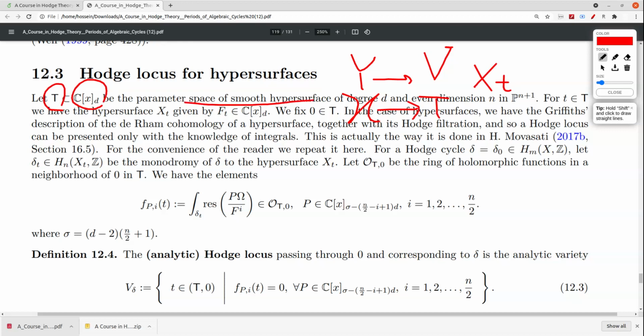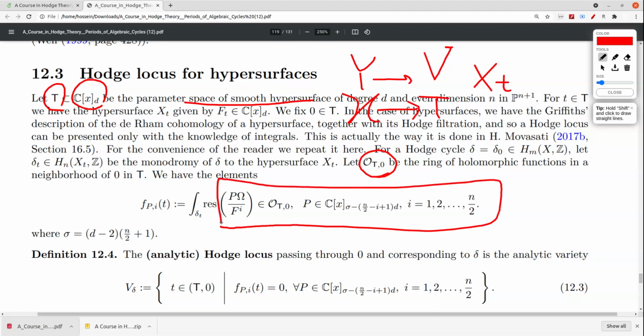Anyway, so we have to define the Hodge locus inside OT0, and by Griffith's theorem, we know the part of the Hodge filtration of the hypersurface that we needed for the definition of our integrals, and this is exactly the part we need.